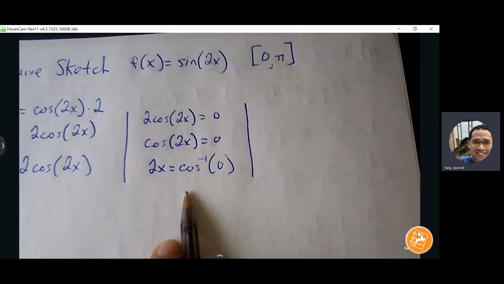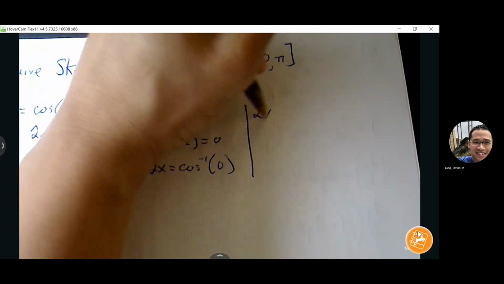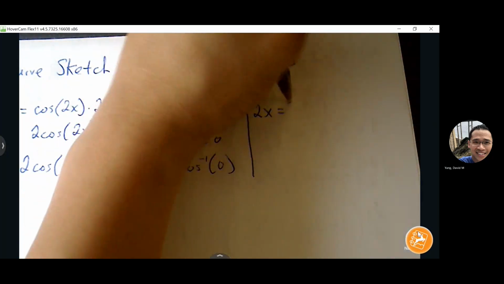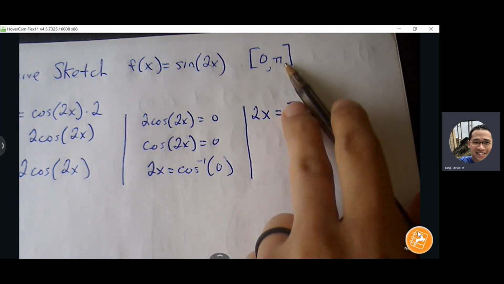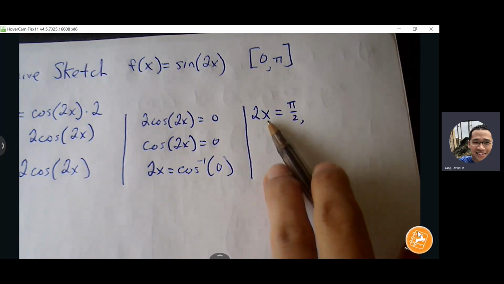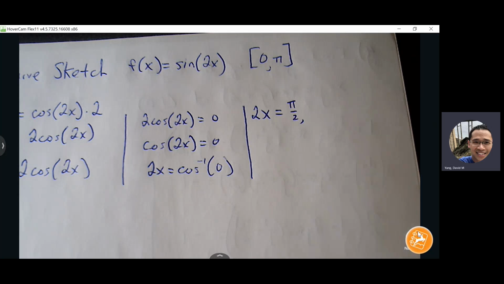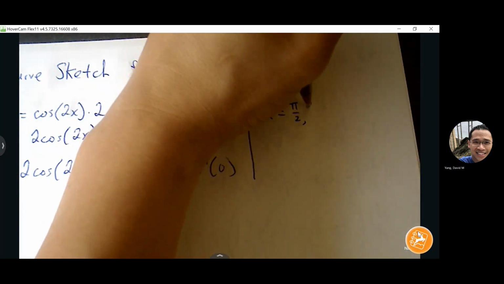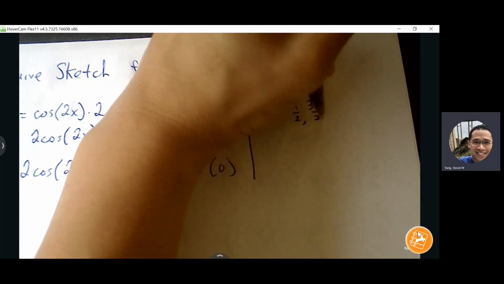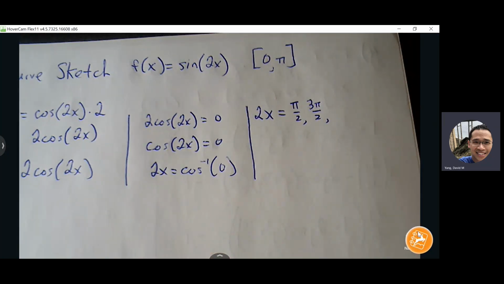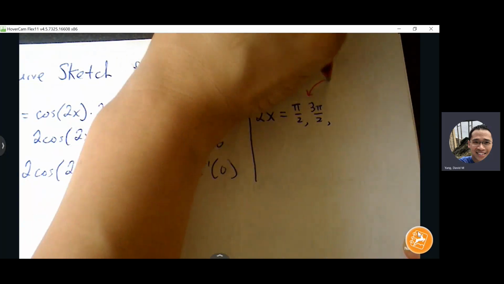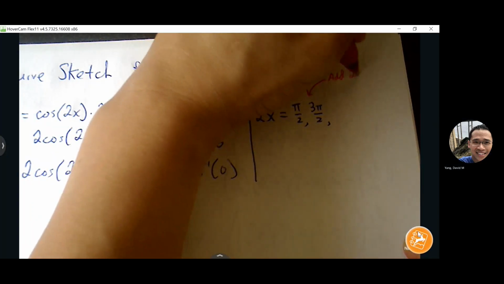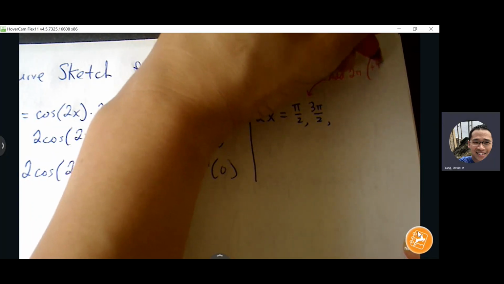Okay, so where's cosine equal to 0? Pi over 2. We're going to keep going, even though it looks like we're going past our interval, because we've got to shrink all those values, right? So pi over 2, 3 pi over 2. I'm going to keep adding 2 pi just so I can be safe here. I'll add 2 pi to get more coterminal angles, or 4 pi over 2.